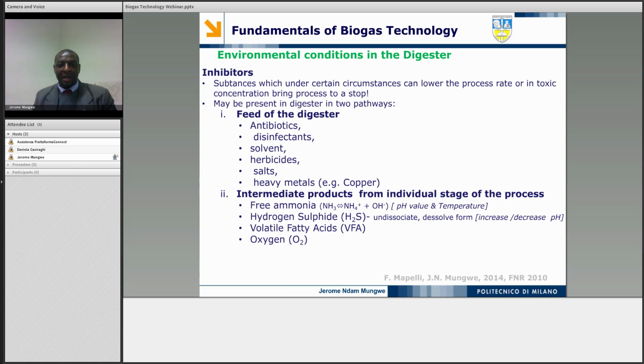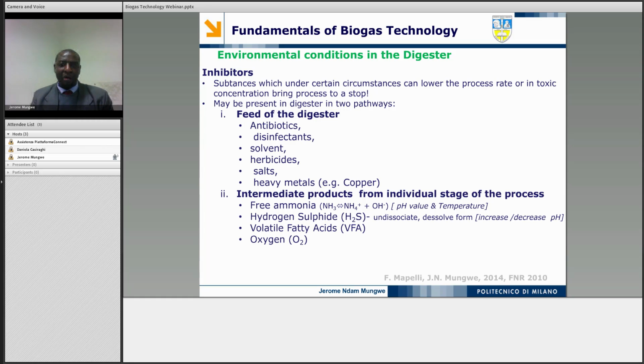The first one is through the feeding of the digester. For example, you can feed your digester with dung from animals that have been taking antibiotics, so you end up introducing antibiotics into your digester, or agricultural residue on which herbicides have been used, and you put it into your biogas plant, so you introduce herbicides into the digester.